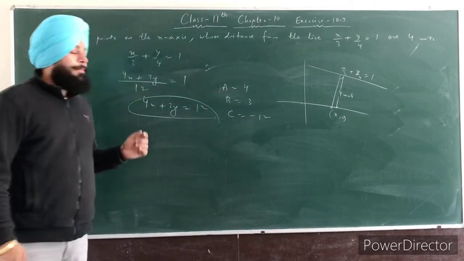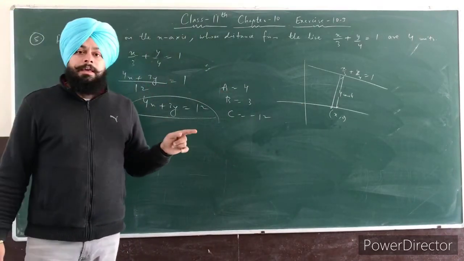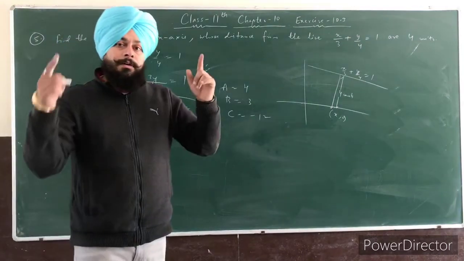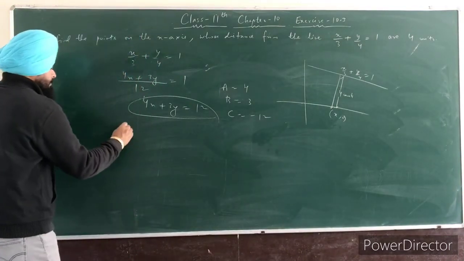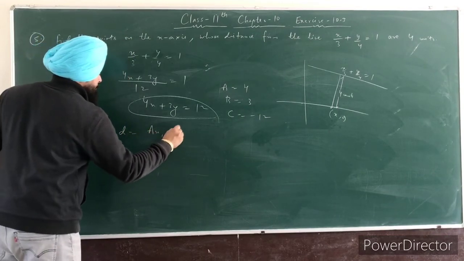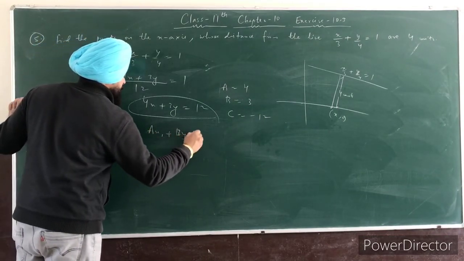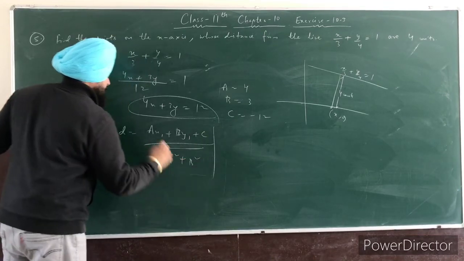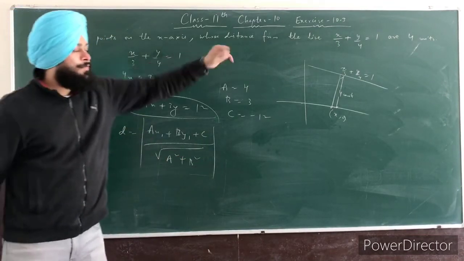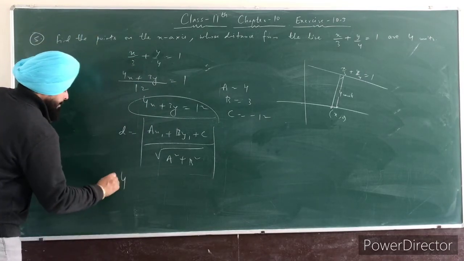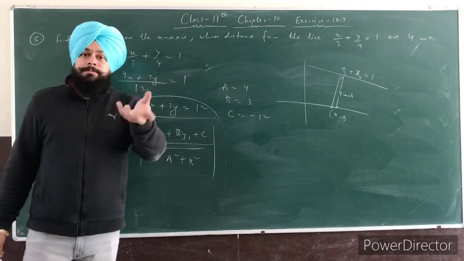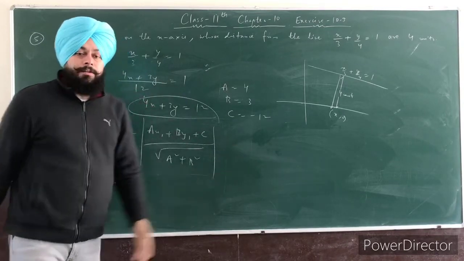Now the distance between the point and the line is |ax1 + by1 + c| / √(a² + b²). So first write the formula. Now the distance is already given, that is 4 units. So we have to write here plus or minus 4, because modulus means you have to take both sides, positive and negative.